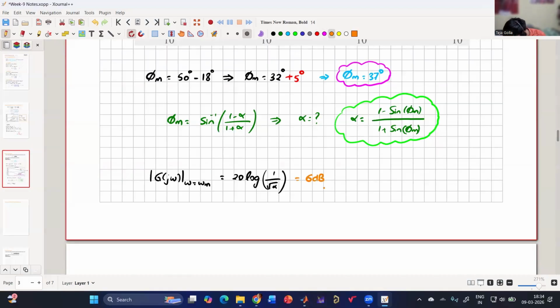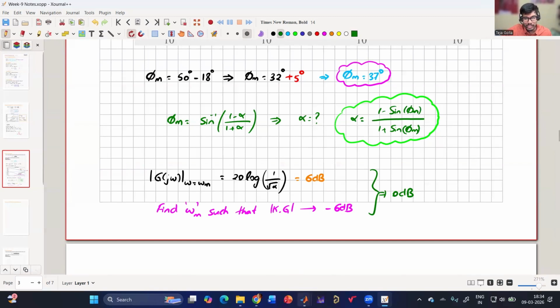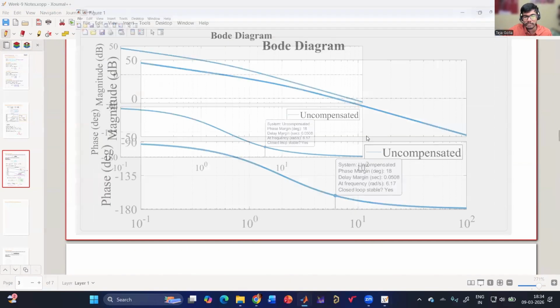Now I have to find omega such that my K into G Bode plot has a magnitude of minus 6 dB, so that the summation of these two becomes 0 dB, resulting in the gain crossover frequency. So now we have to manually find where this minus 6 dB is.